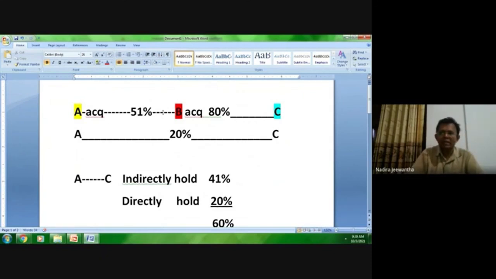Who does this valuation? Independent auditors. When the auditors are valuing B, they take everything into account. So basically, the auditors of B are doing due diligence.